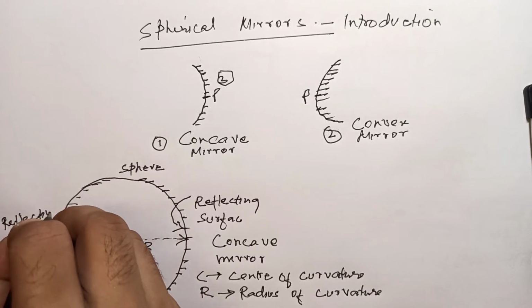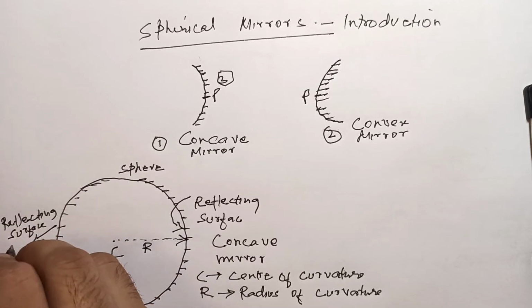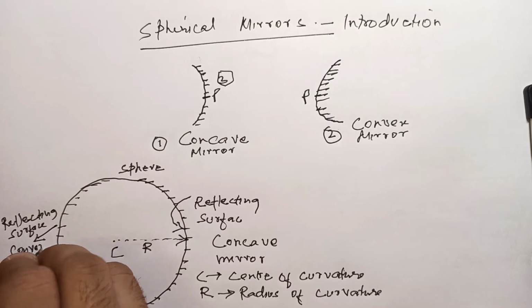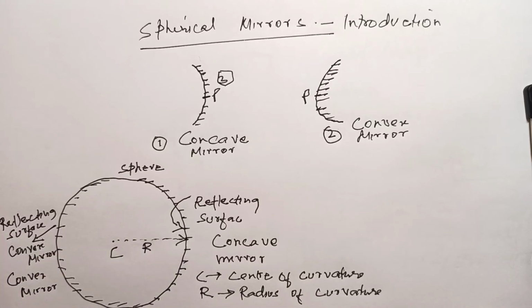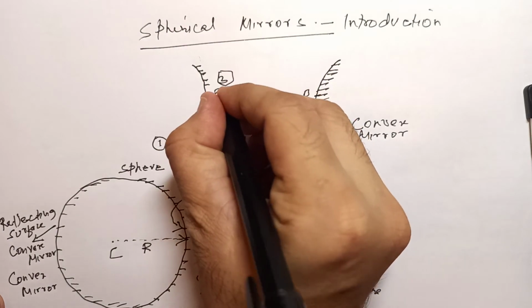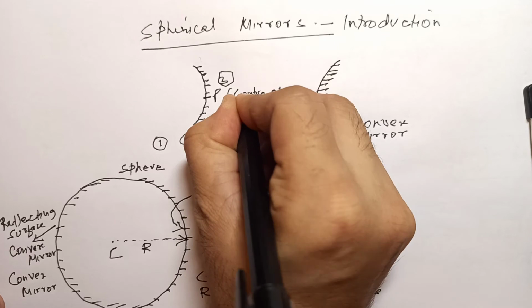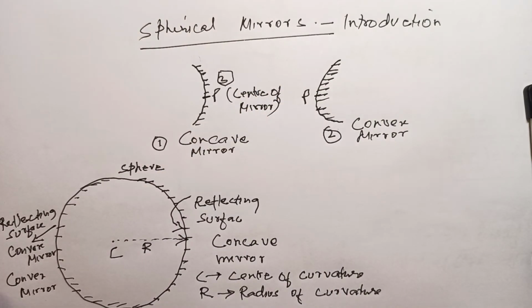Reflecting surface of convex mirror. Understood? Pole, I already told, is nothing but the center of mirror. Okay, very good.